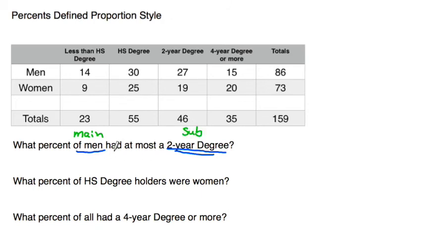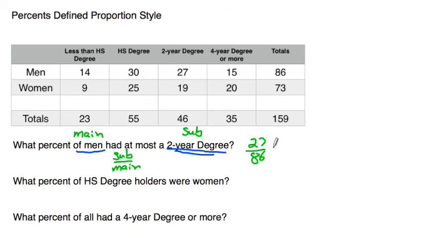It's always going to be the subgroup over the main group, or the total number of what you're looking at over the total number altogether. So this is going to look like the subgroup, 2-year degrees that happen to be men, by the way, so we're talking about 27, and out of all of the men, which would be this 86.